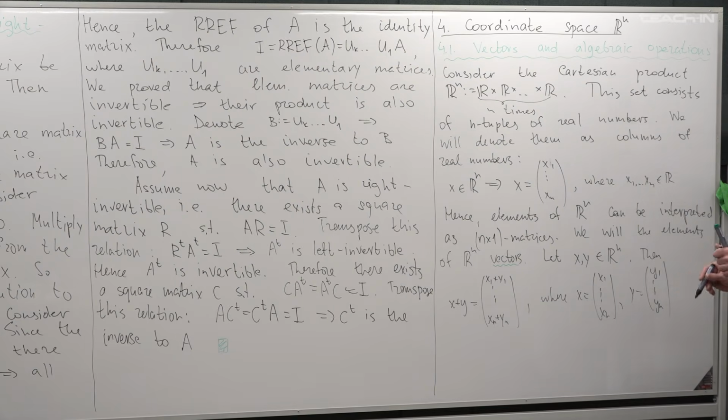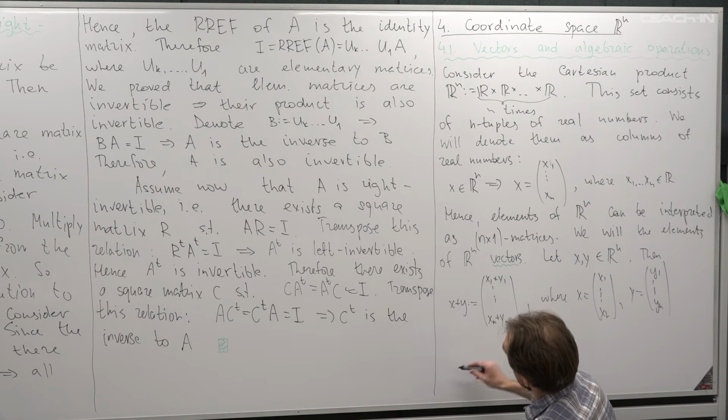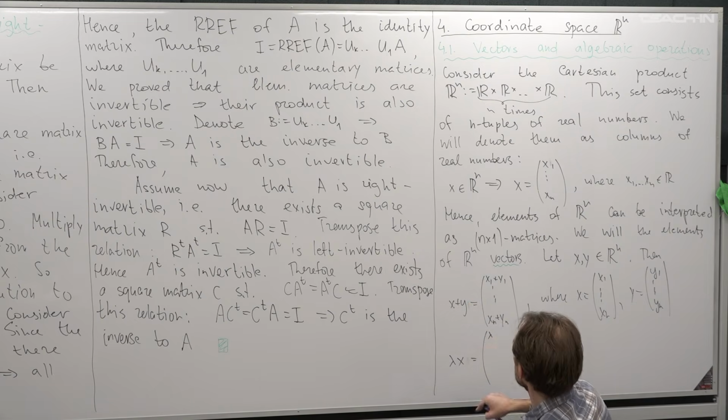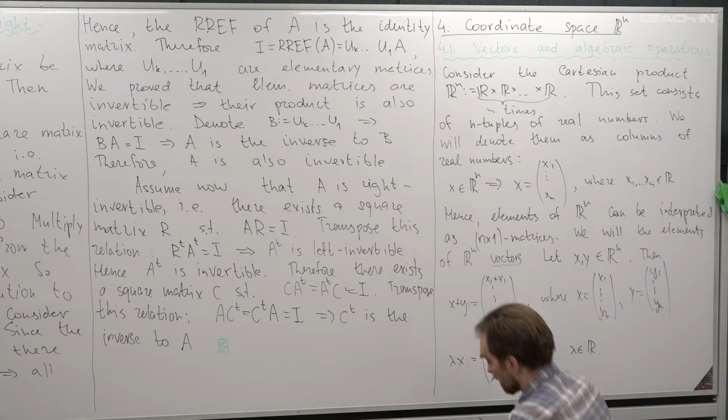And in a similar way, lambda multiplied by x is just, actually this is not the introduction of new notation, because we are using the notation that was introduced for matrices: lambda times x1, etc., lambda times xn, where lambda is a real number.